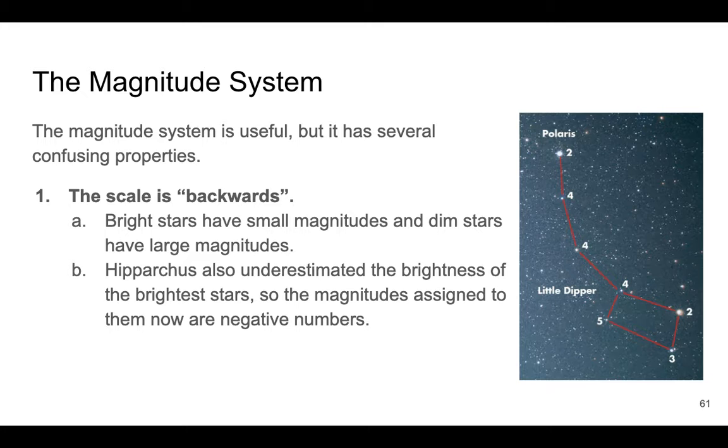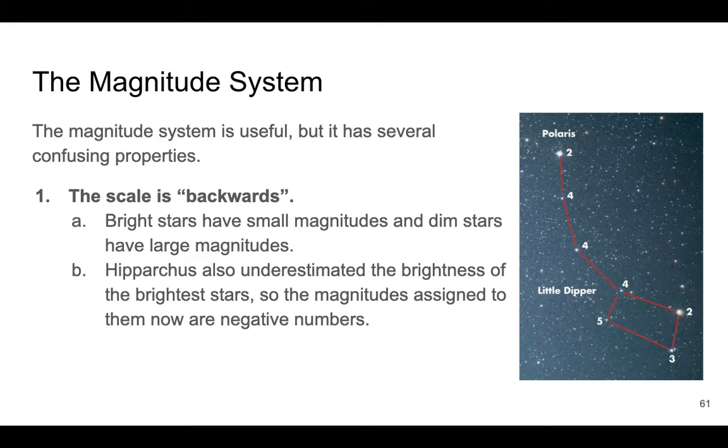Another thing that makes it confusing is Hipparchus did this in the 2nd century BC, obviously not using a telescope. He was just doing this by his naked eye. And he tried to put all of his brightest stars in the magnitude 1 classification. Turns out some of those stars are actually brighter than others.